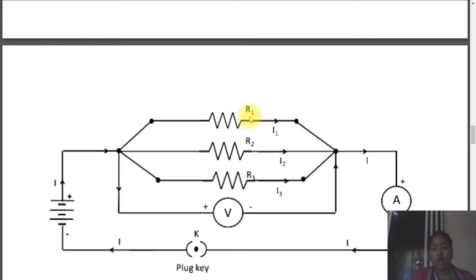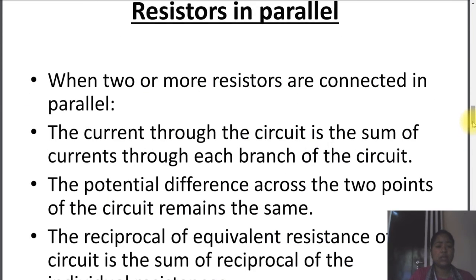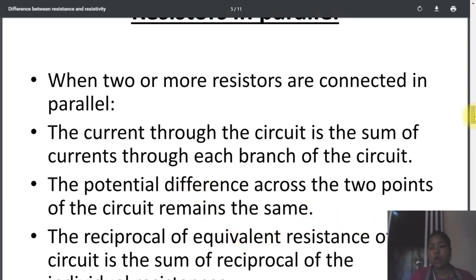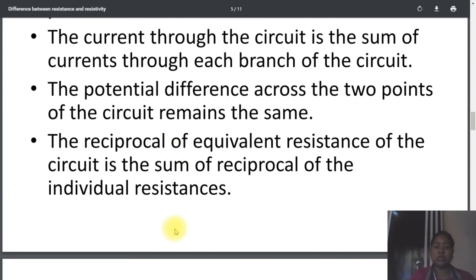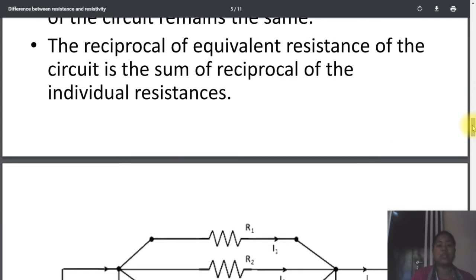Across R1 we have 10 volts, across R2 we have 10 volts, across R3 we have 10 volts. This potential will not be divided among the resistors; it remains the same across all of them. So the second point is that the potential across the 2 points of the circuit remains the same. The third point, the conclusion, we will discuss after the mathematical expression.